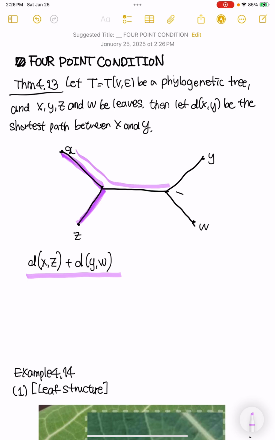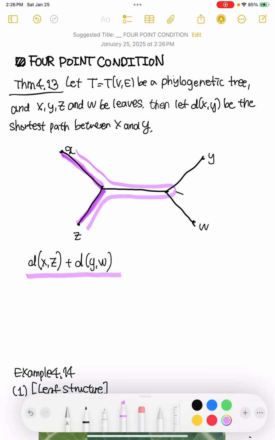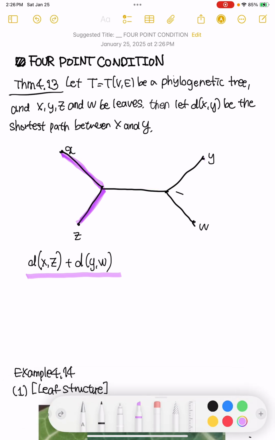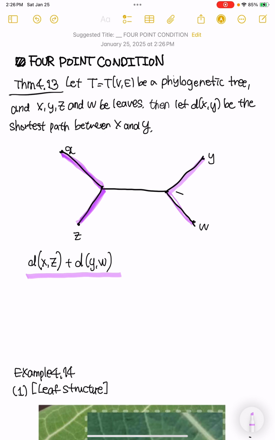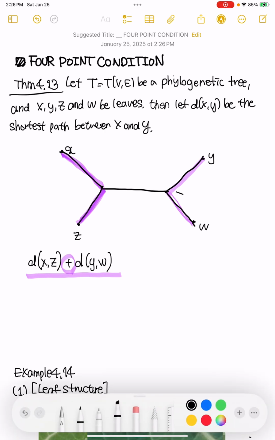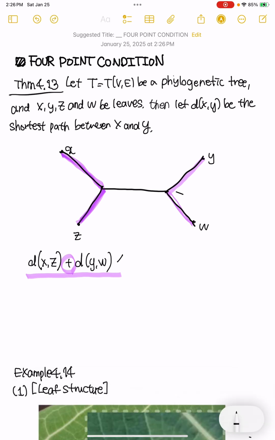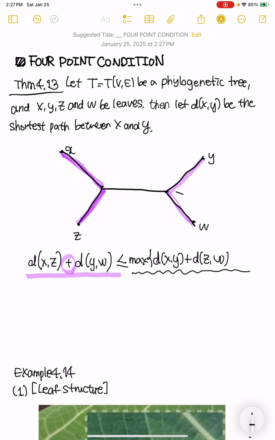Okay, this is fine, but this is not the shortest path. So dyw, for the same reason, we can add to the sum, and that is always bigger than the maximum between the two distances.